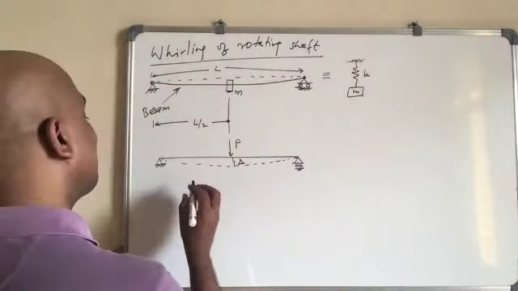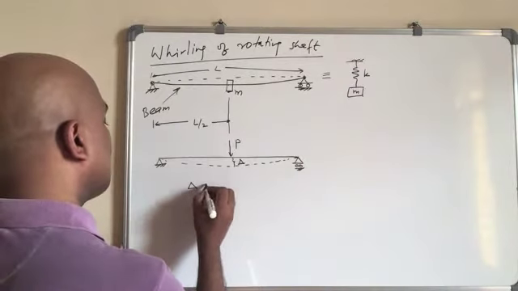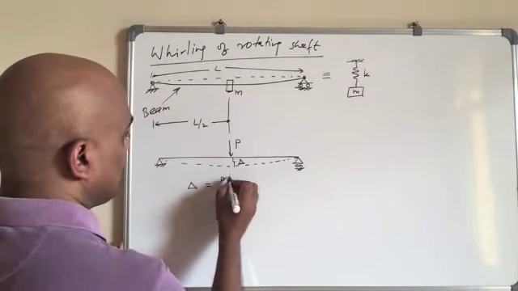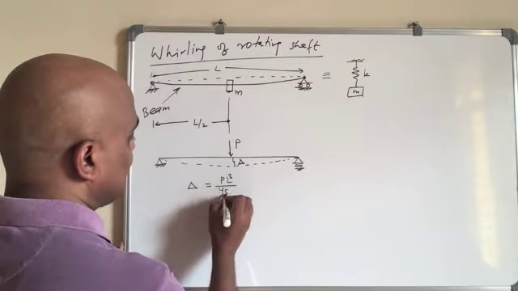If you study, you will find delta is equal to P L cubed over 48 EI.